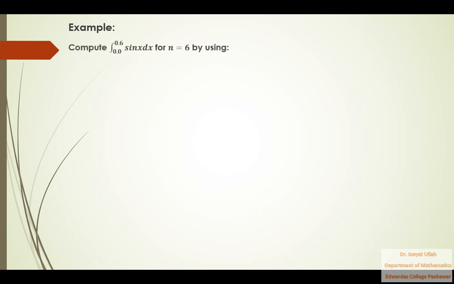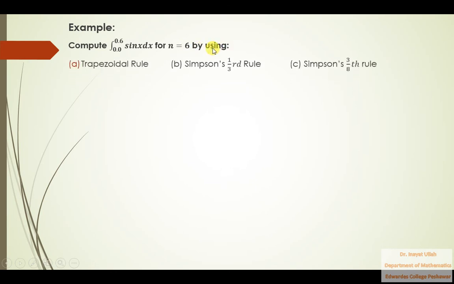You are asked to find the value of this definite integral, where the limits are from 0.0 to 0.6 and the function is sine x. We need to calculate the approximate value of this definite integral for n equal to 6 by the use of all those techniques which we have studied previously, all those rules.